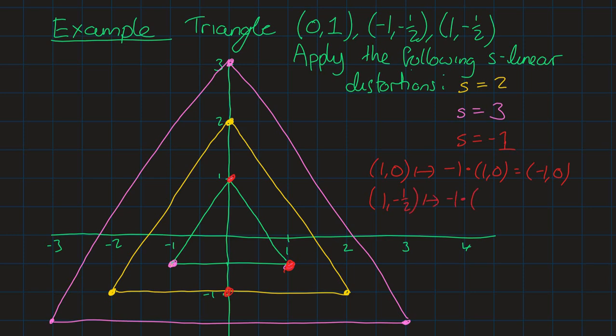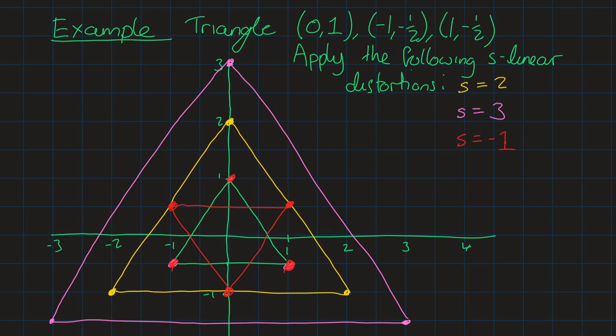That gets mapped to -1 times (1, -1/2), which is (-1, 1/2), which is this point right here. And finally this point here gets mapped to this point here. So I just join up these lines like this. So the red triangle is what happens when you apply an s equals -1 distortion to the green triangle.